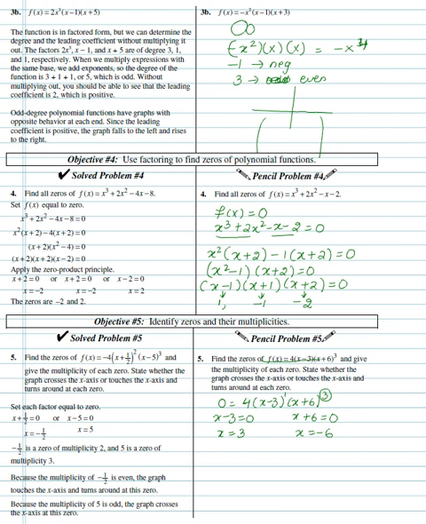Because the multiplicity of negative 6 is 3, which is odd, it simply crosses the x-axis. If the multiplicity was even, then the graph turns over. Okay? But in this case, both have odd multiplicity, and the graph simply crosses at 3 and at negative 6.